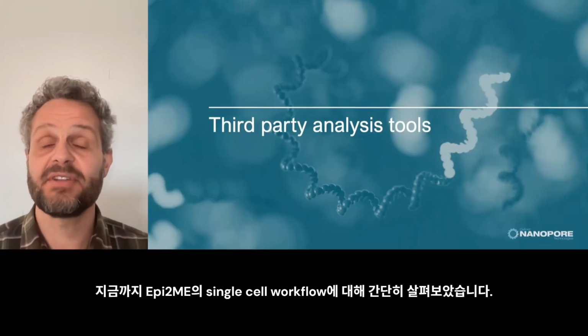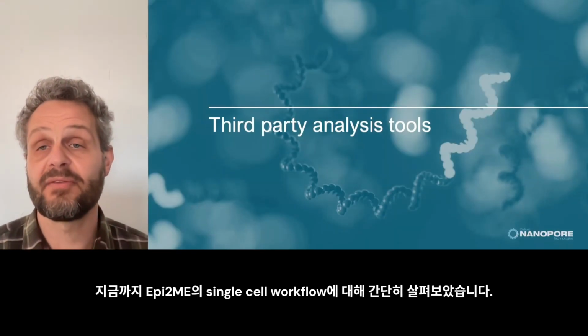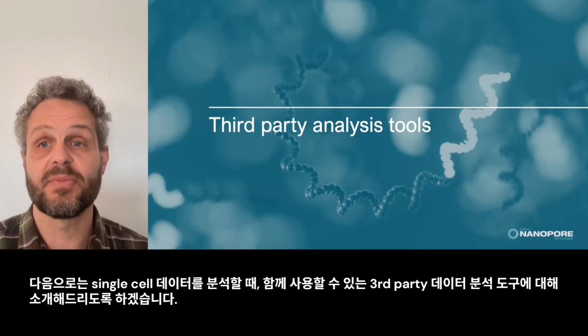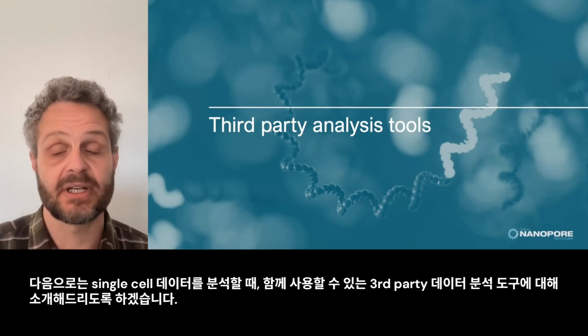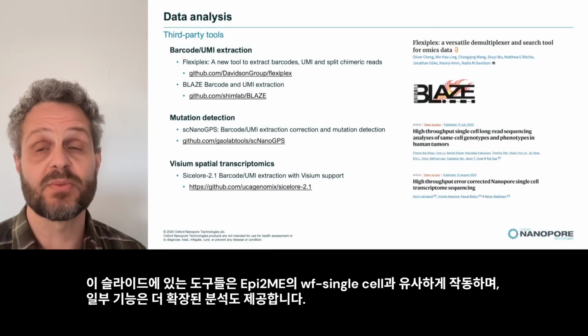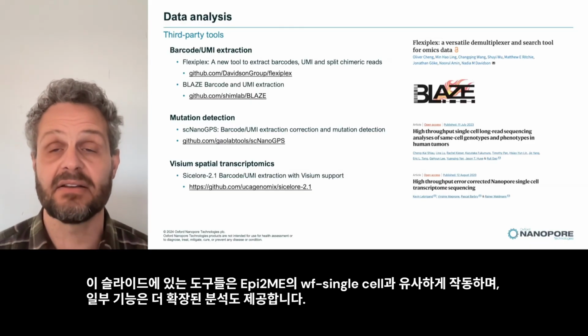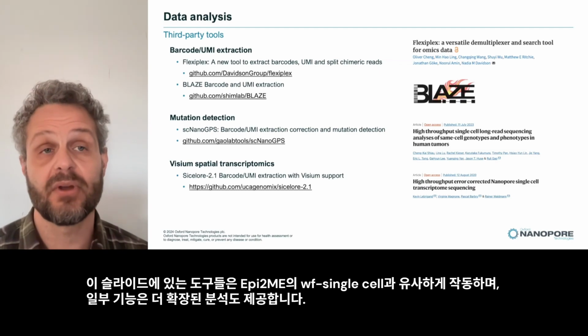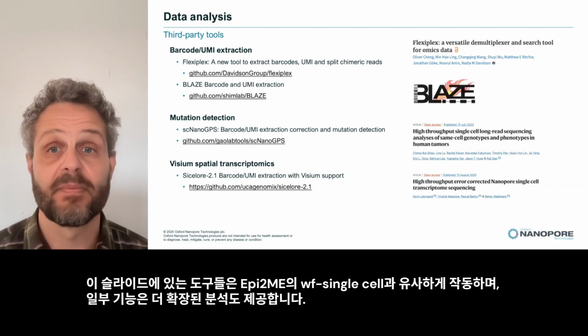So now we've taken a look at workflow single cell briefly. In the next slides, we'll have a look at some third-party tools that can also be used to analyze your single cell data. The tools on this page work similarly to workflow single cell, and some have functionality that goes beyond what workflow single cell can currently do.